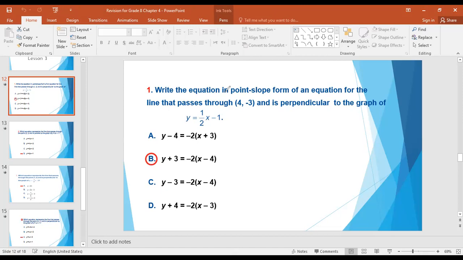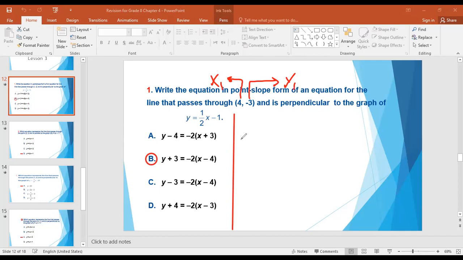So what do you think? Okay, negative 3 is the y1, and here this is x1 and this is y1.